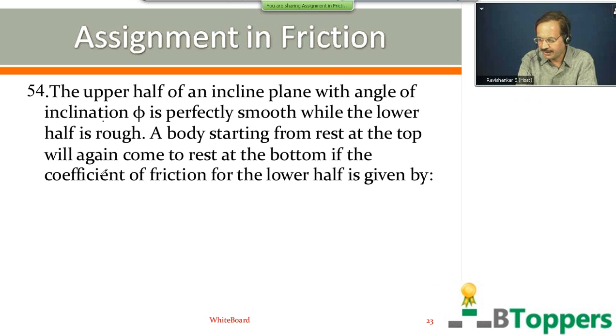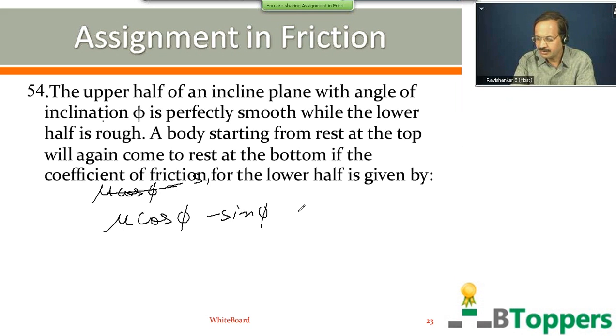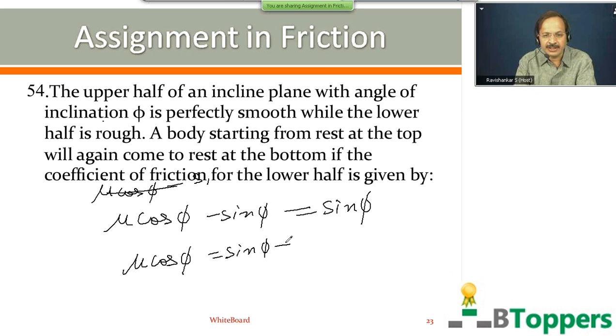So if you simplify this, you get nu cos phi minus sin phi, cos phi minus sin phi equal to sin phi. So you get nu cos phi equal to sin phi plus sin phi.